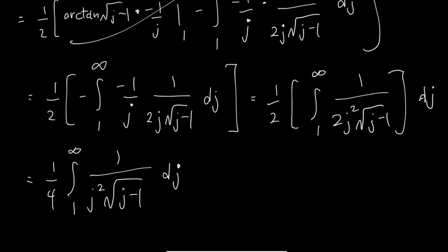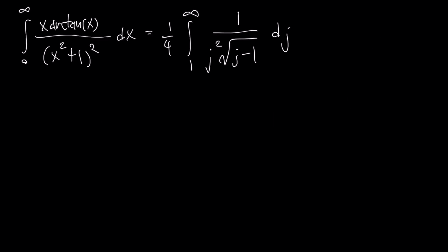I'll clean up the board and we'll finish off this integral. So we just got done showing that the integral from 0 to infinity of x arctangent of x divided by (x squared plus 1) squared dx is just 1/4 the integral from 1 to infinity of 1 over j squared times the square root of j minus 1 dj. And from here we can make another substitution.